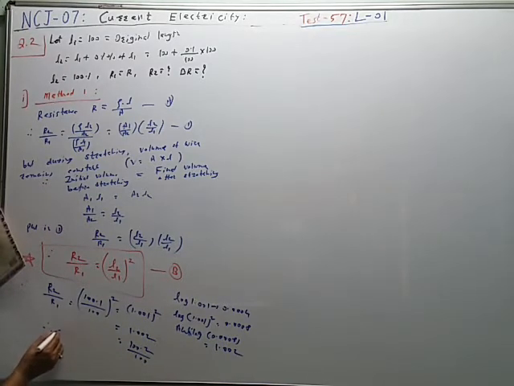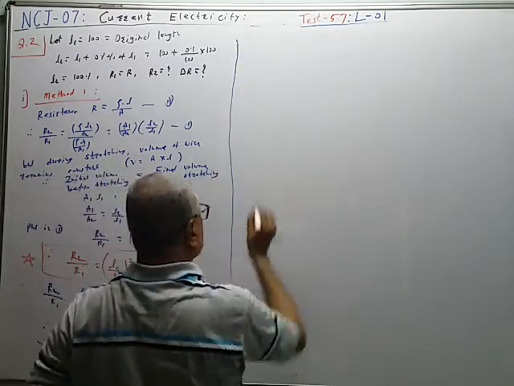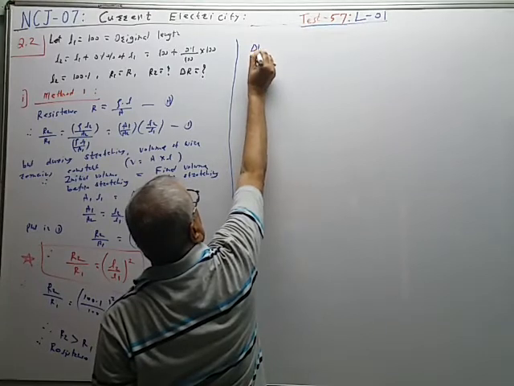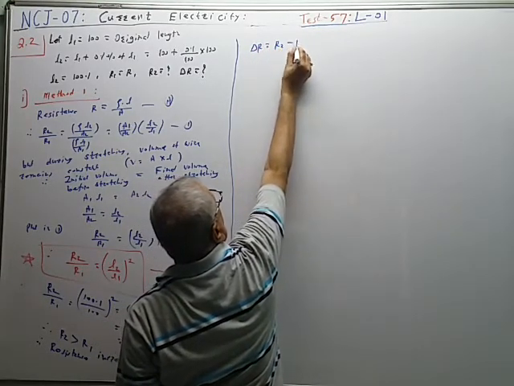So R2 is greater than R1. Therefore, resistance increases by delta R, and delta R is equal to R2 minus R1.